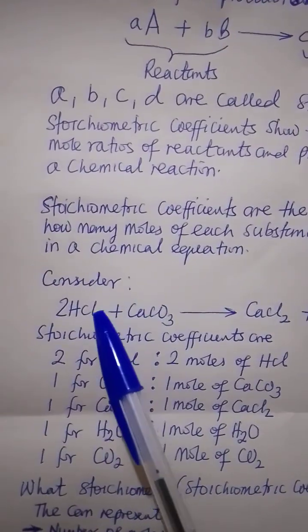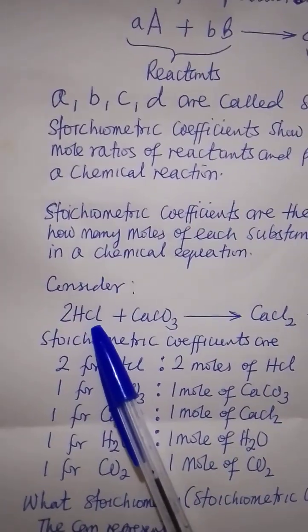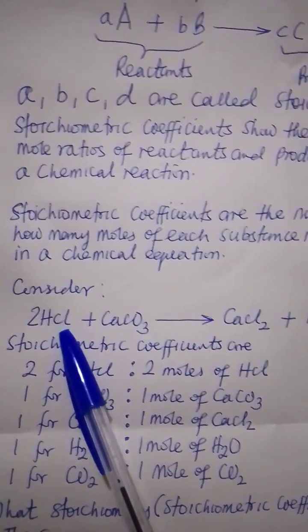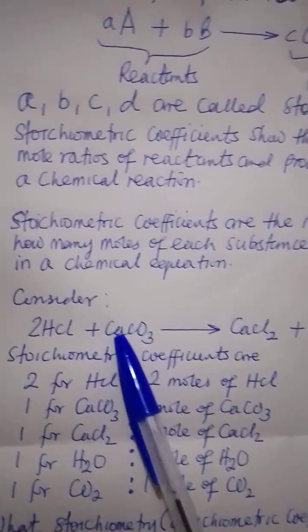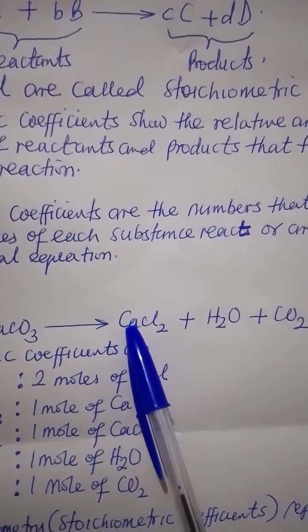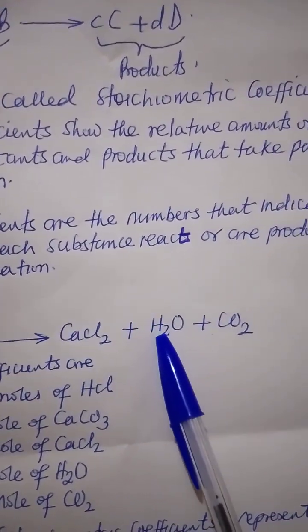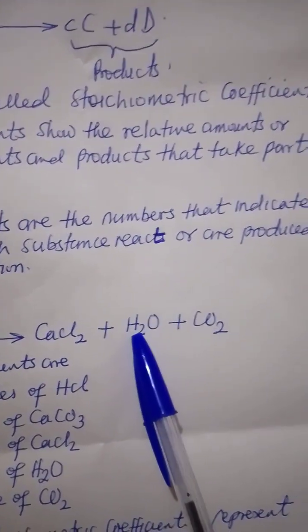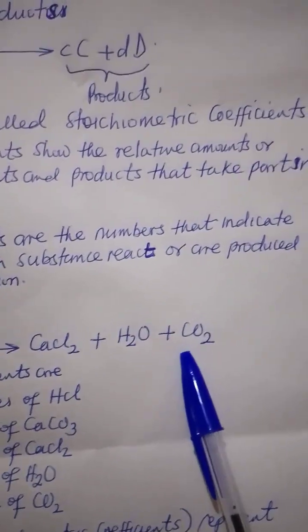In other words, 2 moles of hydrochloric acid reacts with 1 mole of calcium carbonate to produce 1 mole of calcium chloride, 1 mole of water, and 1 mole of CO2.